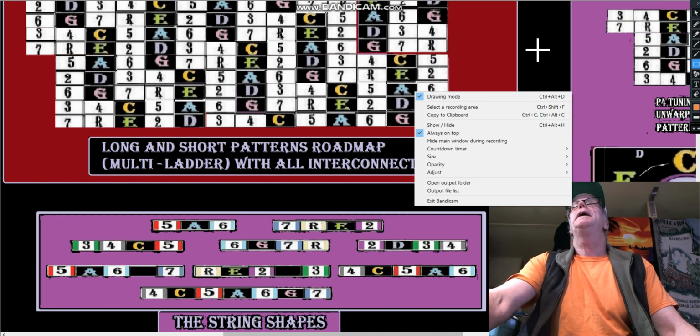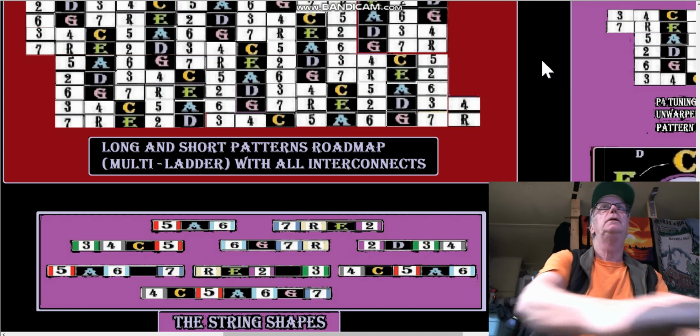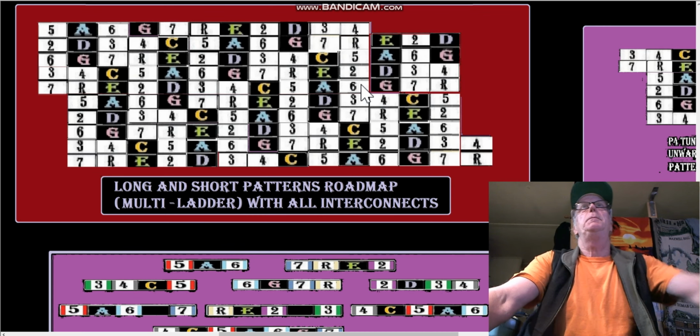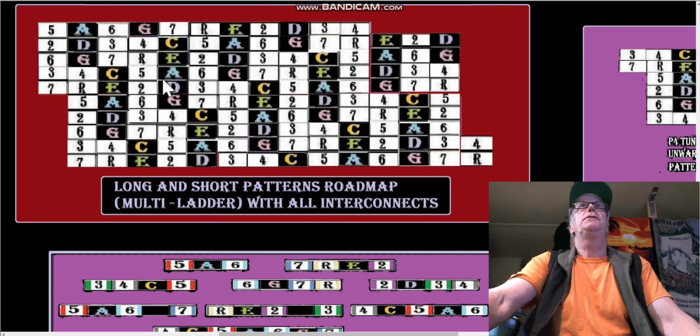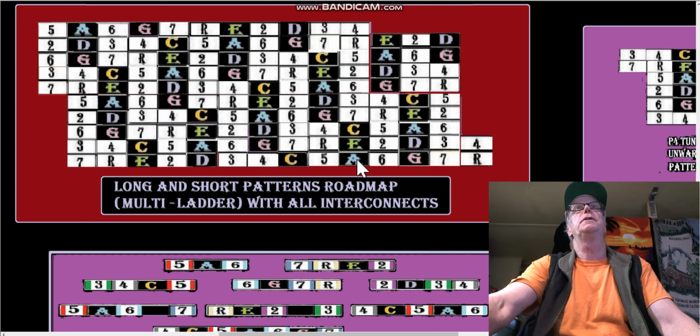The reason why it's there, that's always there, the reason why I made it, is because we want to see if we're on, say, an E shape here, what's to the right of it, what's to the left of it. Well, in CAGED, you can look at it here: C, A, G, E, D. So when you're going to the right, you're going in the CAGED word with the string shapes.